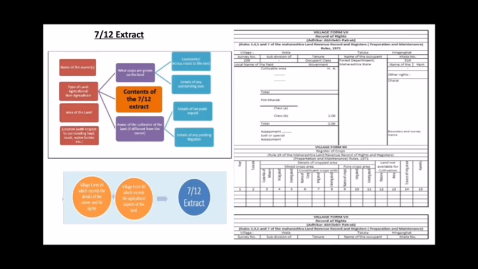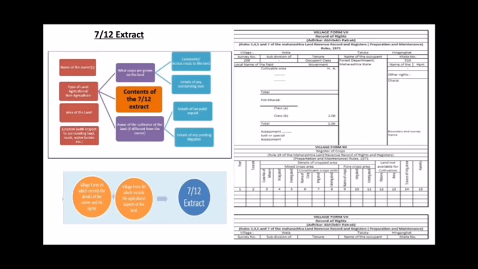The register of the revenue department keeps a record of the details of the ownership: whom the land belongs to, the family name, then the status, whether they ever took any loans, whether they repaid their loans, whether there is any ownership transfer, or the area of different crops, what crops they grow on that land.